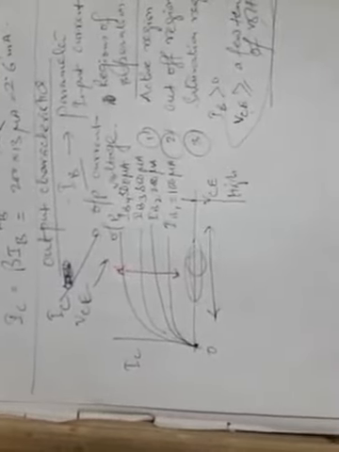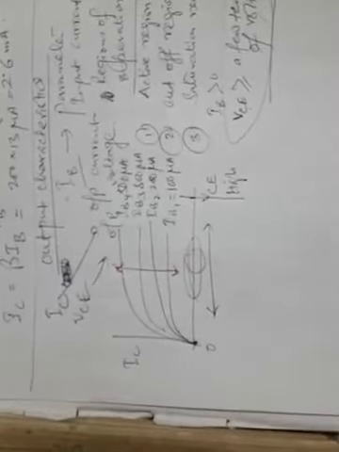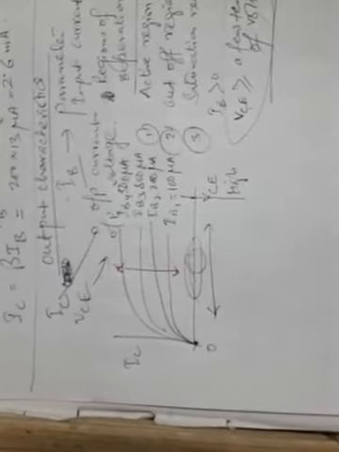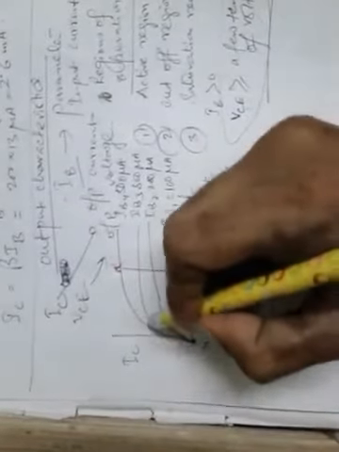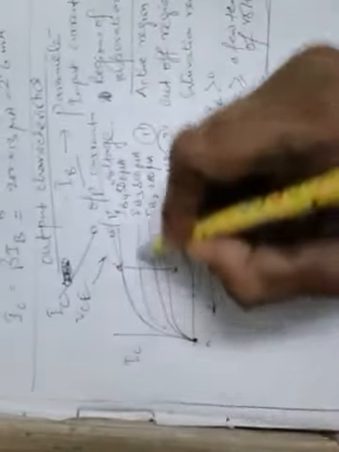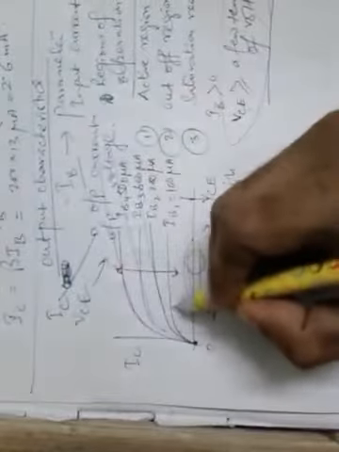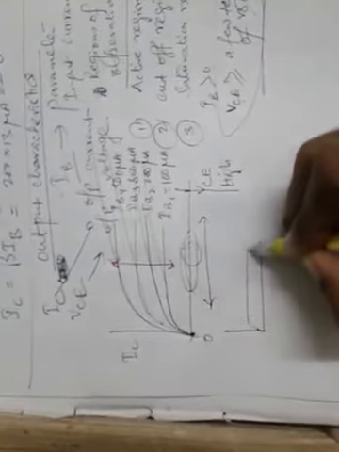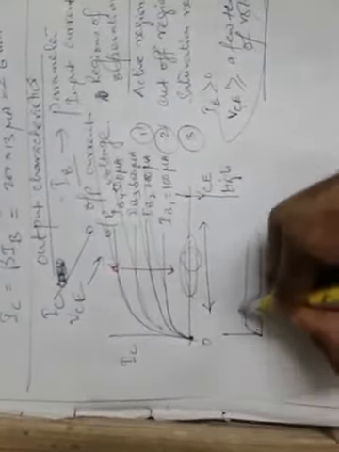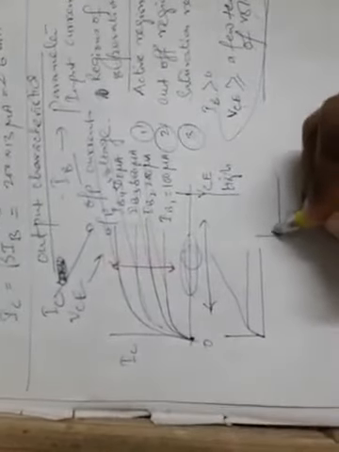So in this active region of operation, the transistor can be used to amplify signals very well. The output characteristics in this region are not horizontal lines; there will be an upward trend of the characteristic curves, something like this.